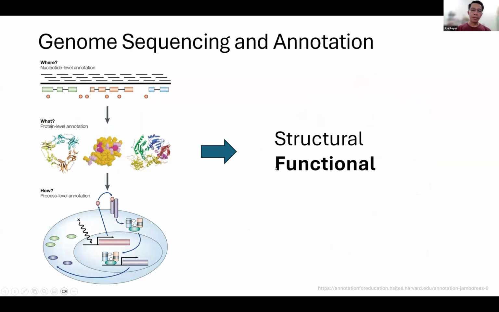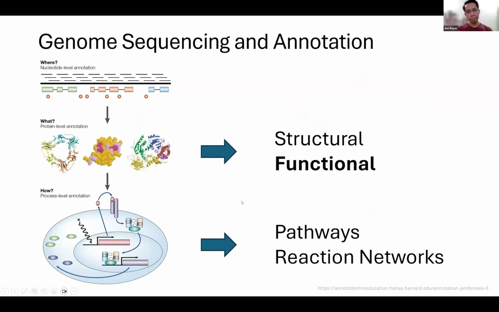Extending this further, once you have your functional information, you can create relationships between these functions and build pathways or reaction networks from that. Once you know how different genes and proteins interact with one another, you have pathways and reaction networks within the cell.